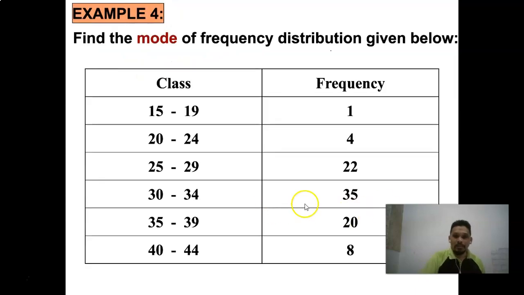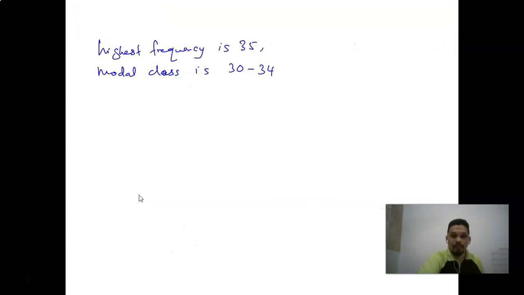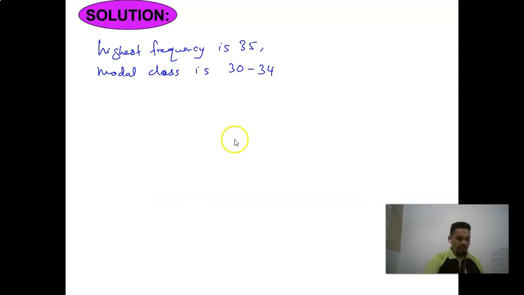So 35 and the modal class of 30 to 34. And then look at this one here now. L, the lower boundary of the modal class, which is 29.5.